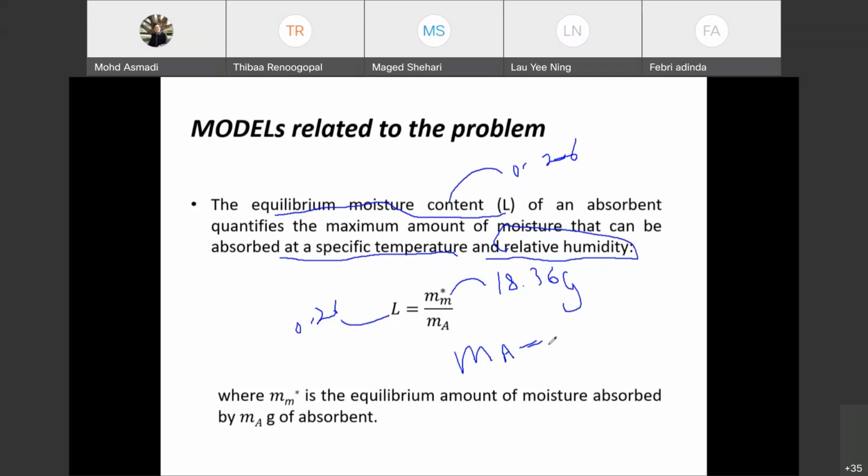Can you calculate MA? We can reduce 50%.